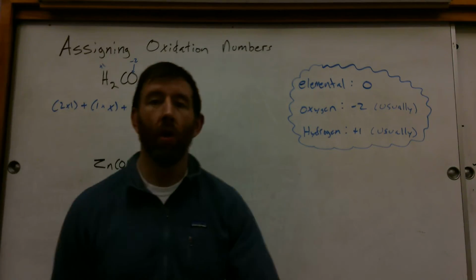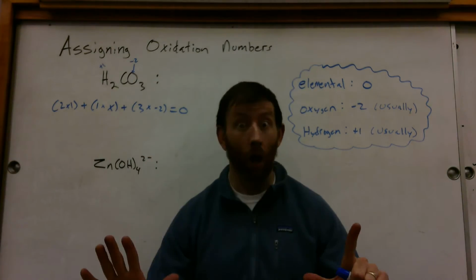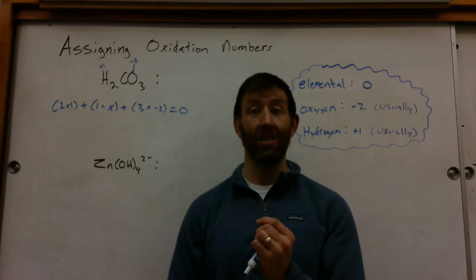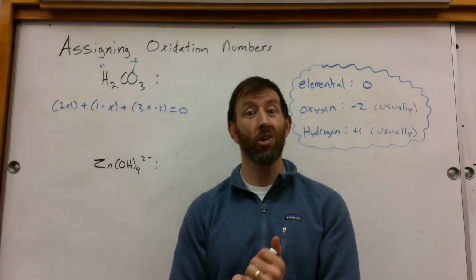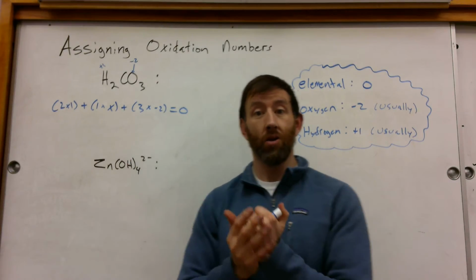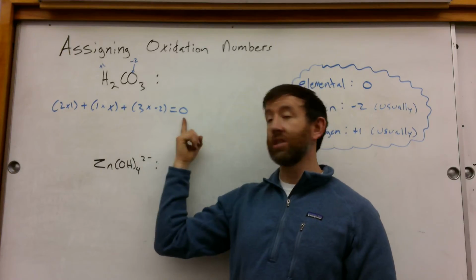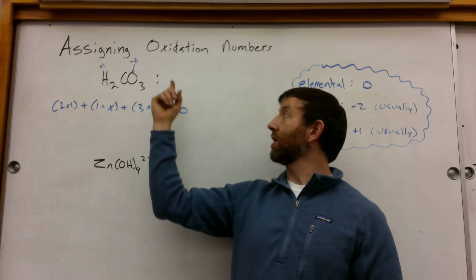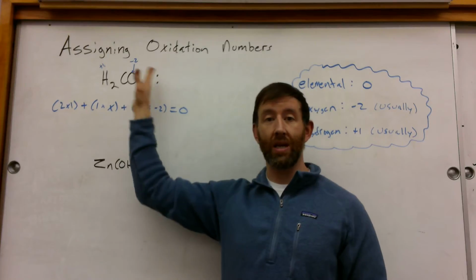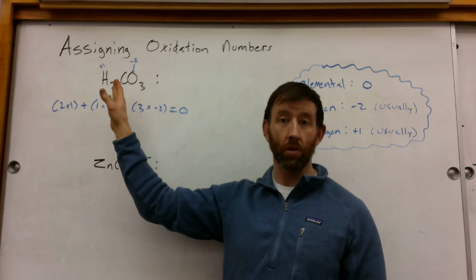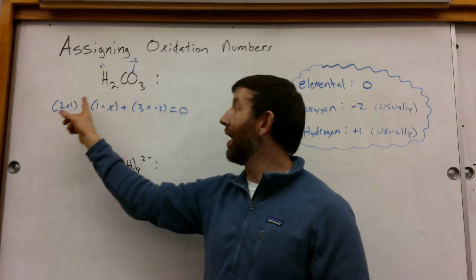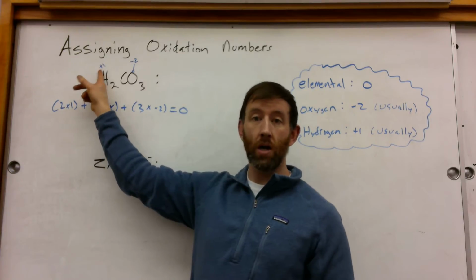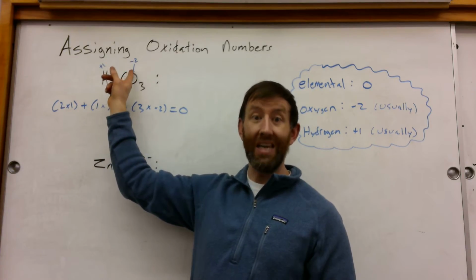All right, so let's just stop for a second and talk about what I just did. I made this into an algebra equation, right? I know all my oxidation numbers together have to equal 0 because there's no charge associated with that entire molecule or compound. I know my hydrogens are going to be +1 and my oxygens are going to be -2 each.